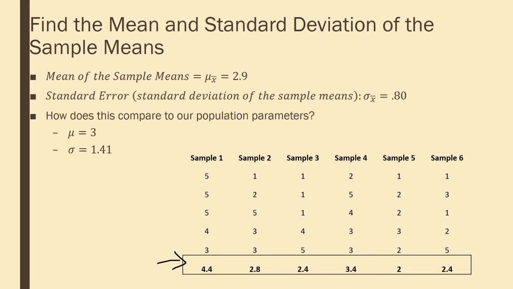And we're going to compare this to our population parameters. These parameters were what we had for the uniform distribution. Remember, our population had a mean of 3 and a standard deviation of 1.41.